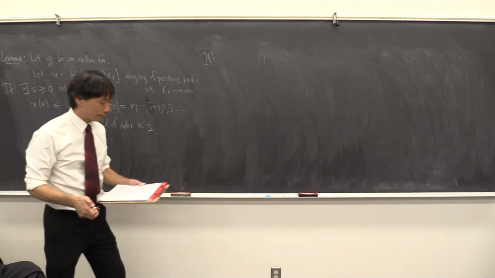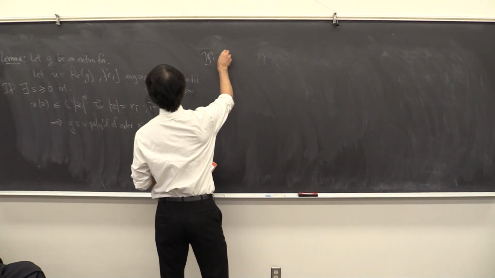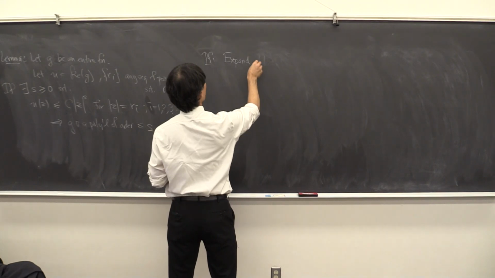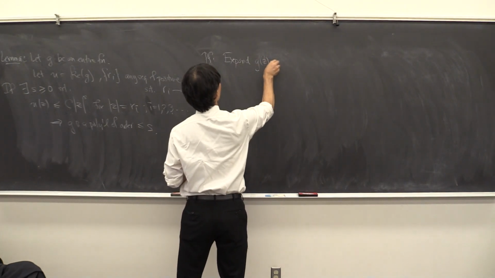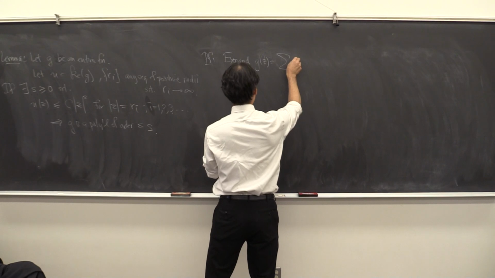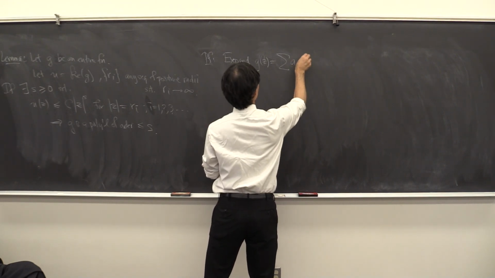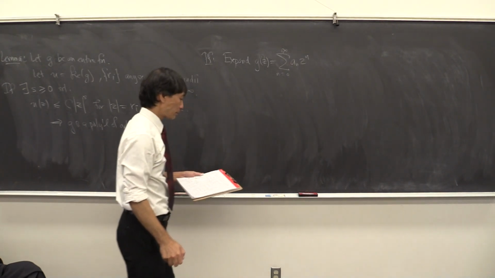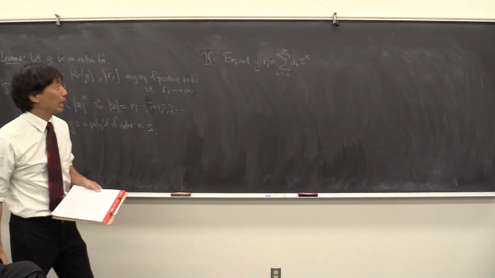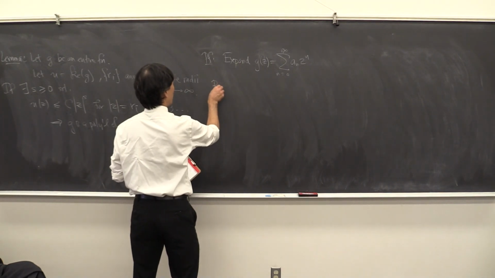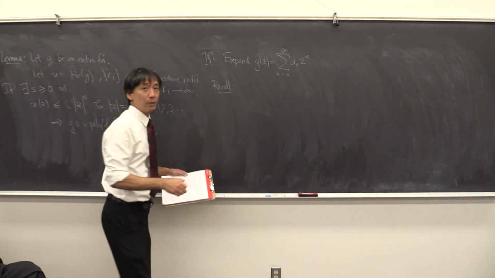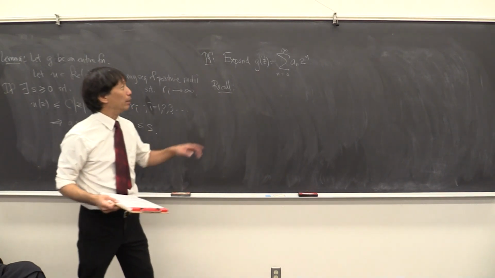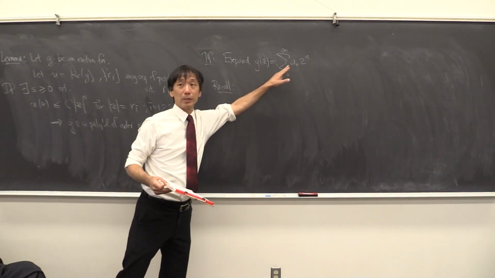Okay, so here's the proof. G is entire, so let's expand G in its power series expansion, the sum of a_n z^n. Now recall that we had this connection between the Fourier series and the coefficients of the power series expansion.